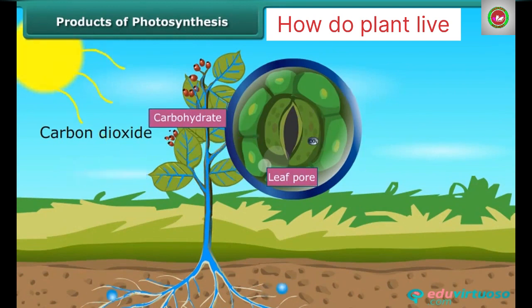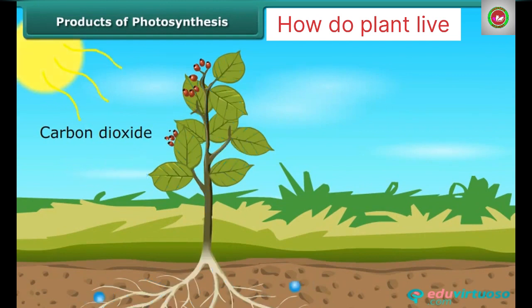The carbohydrate is ultimately converted into starch, which gets stored in different parts of the plant. Therefore, the first food product formed during photosynthesis is starch. Starch is also an example of carbohydrate.